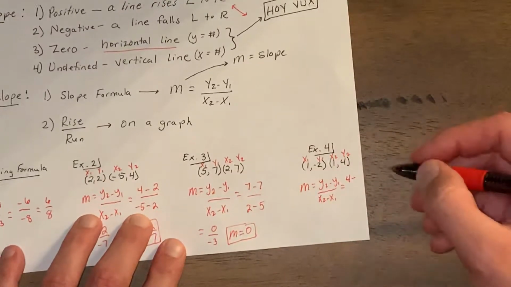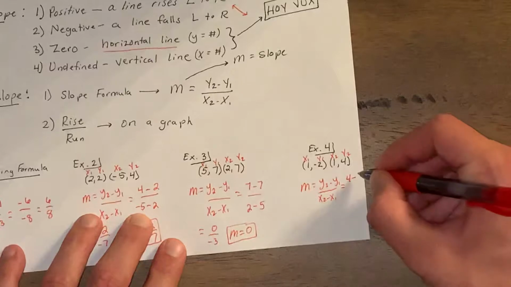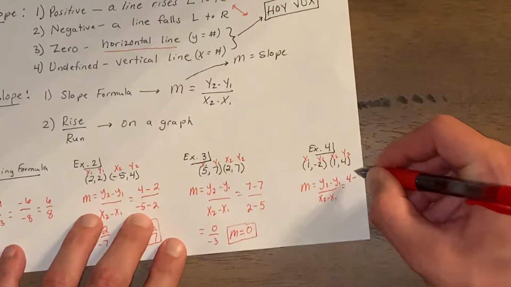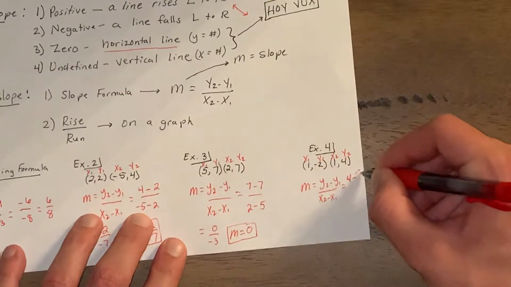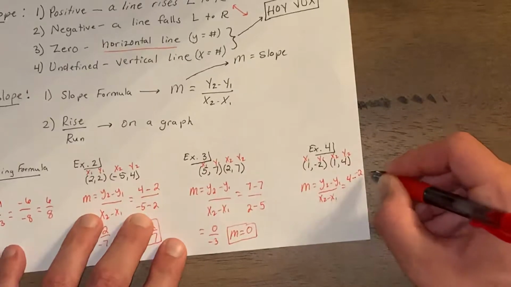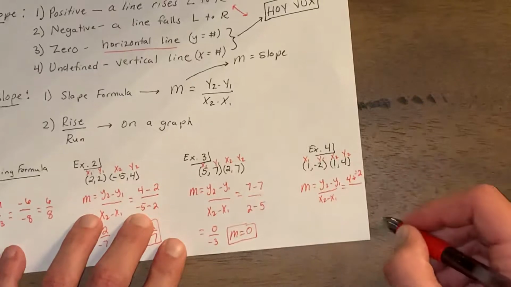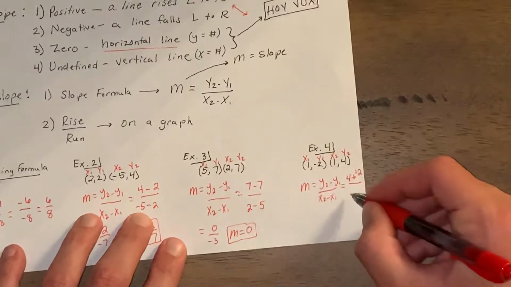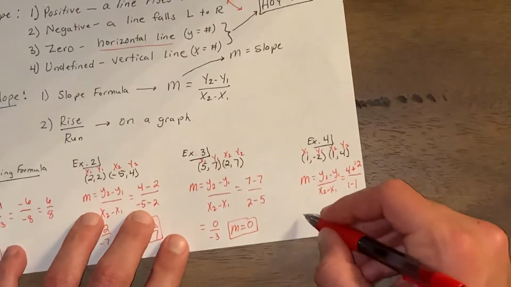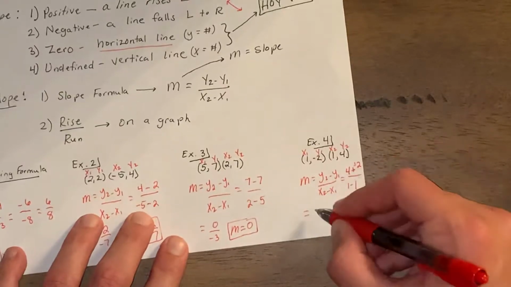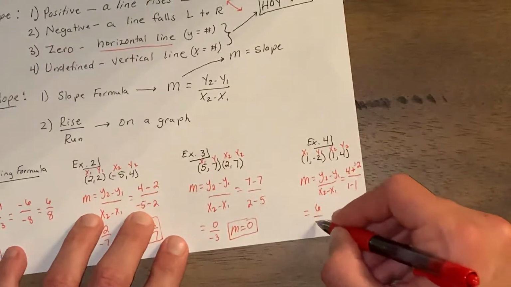So that's 4 minus negative 2. So that's going to end up being 4 plus 2. But if I'm subtracting a negative, then those can both turn to positives. And then I would have 1 minus 1. So now I'm going to have 4 plus 2 is 6, but 1 minus 1 is 0.